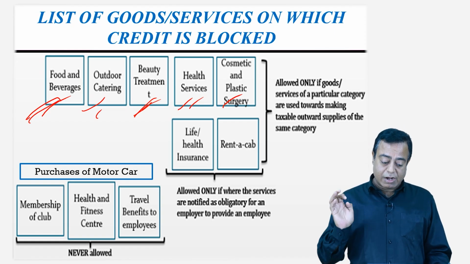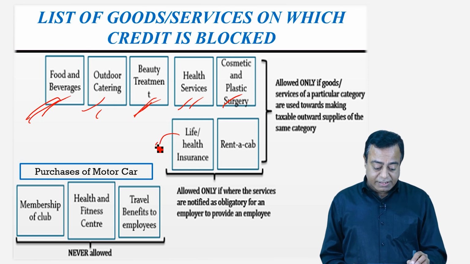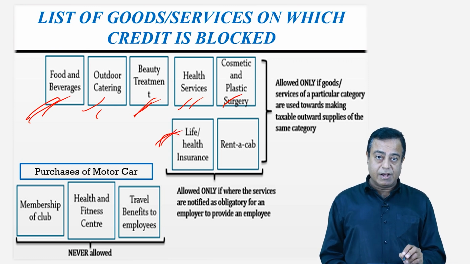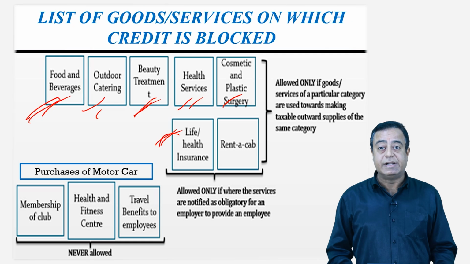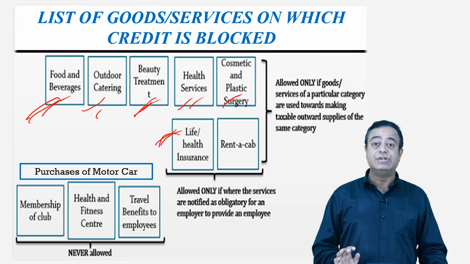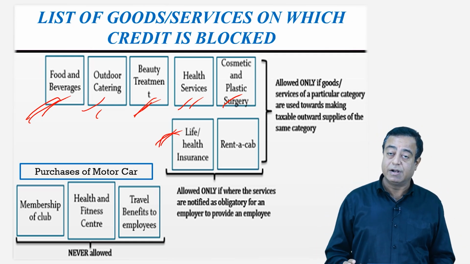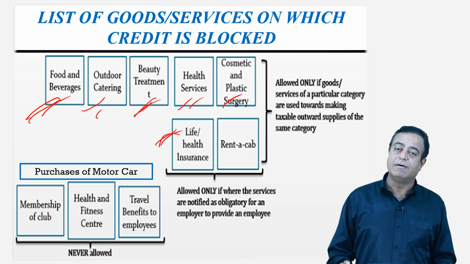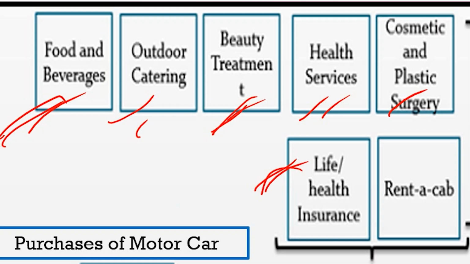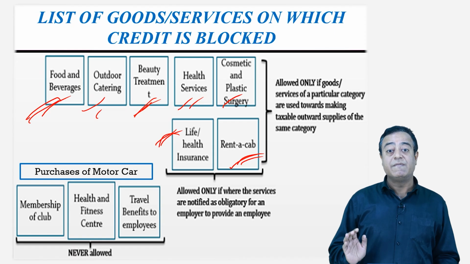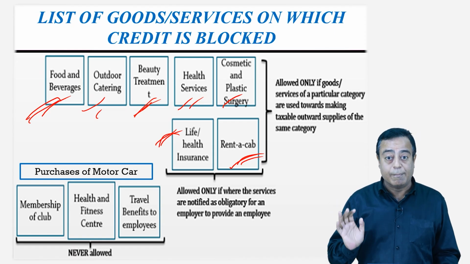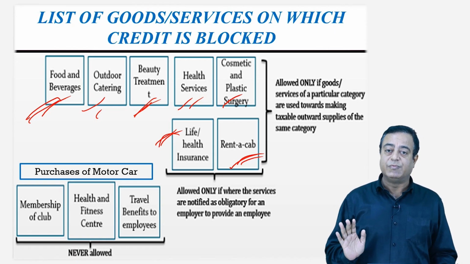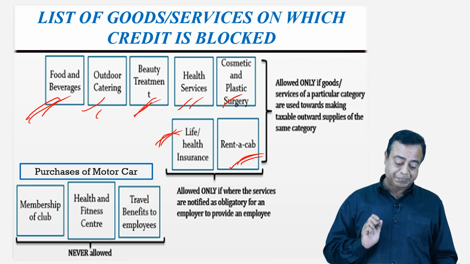If a trader or company pays any life or health insurance for the worker, it is also not allowed. If health insurance or life insurance is paid for the worker under a particular law, then the company can claim the ITC. Rent a cab: if the company provides a rental car service for an employee, it is also not allowed. But if it is provided to the employee under a legal obligation, then you can claim ITC.